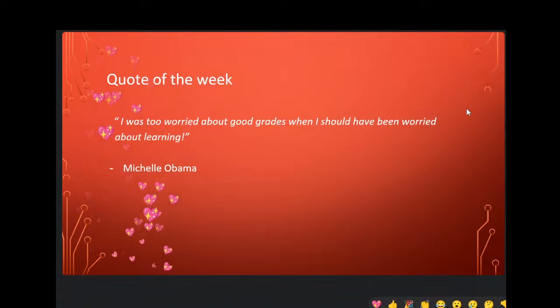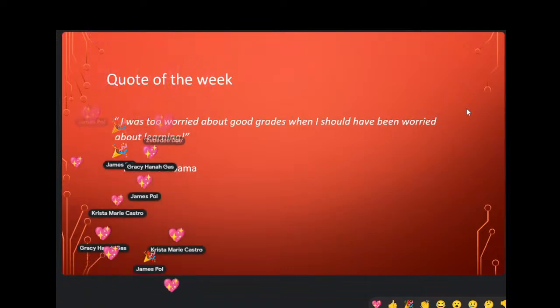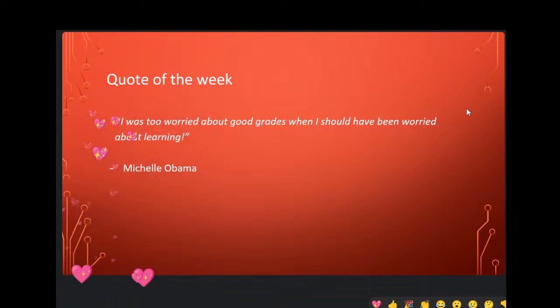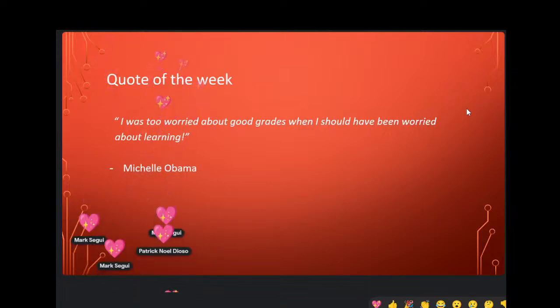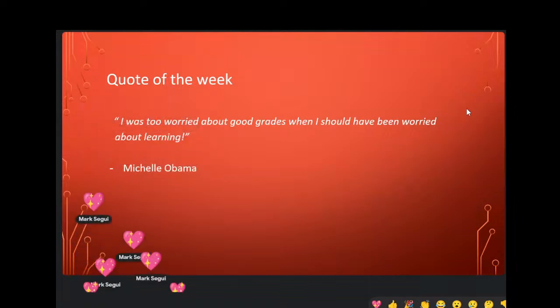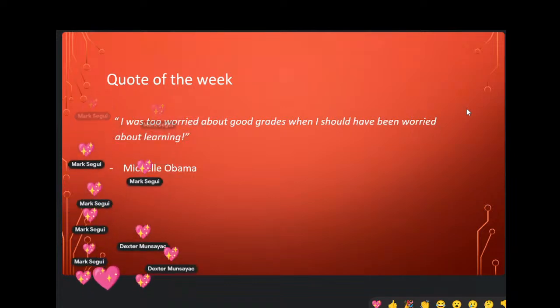Alright, we have to go to the quote of the week, because I forgot to do this. We do this every lecture with Sir Marco. This quote of the week is from Michelle Obama, because she's a strong independent woman. "I was too worried about good grades when I should have been worried about learning."